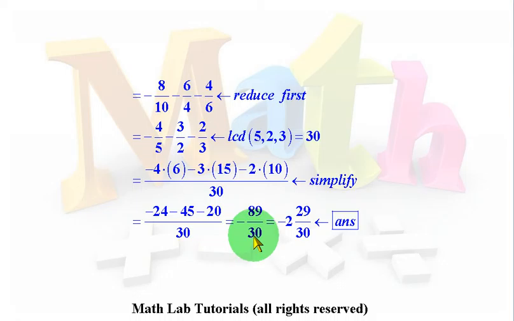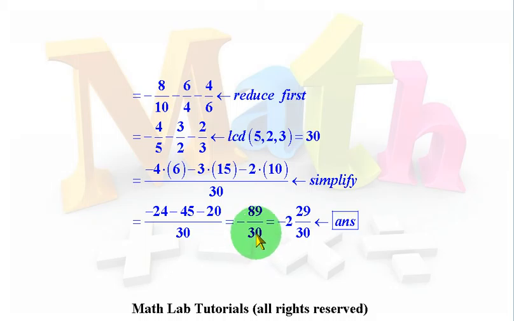So the most you could do at this point is either leave it as minus 89 over 30, or you can convert it to a mixed fraction. You'll notice that 30 goes into 89 twice, and then it's got 29 as remainder. So the final answer would be minus 2 and 29 over 30, the equivalent mixed fraction of minus 89 over 30.